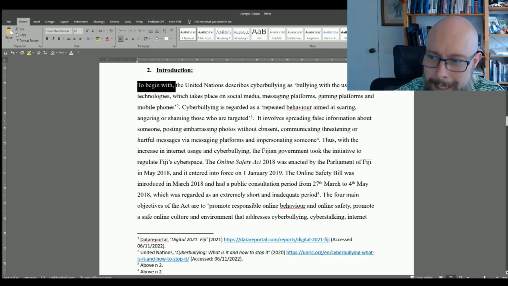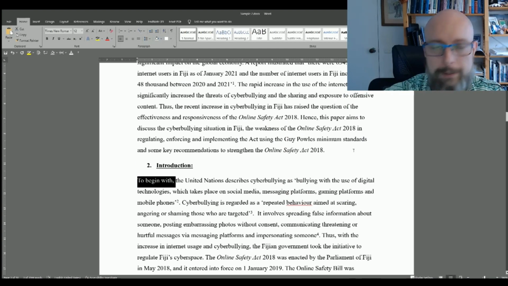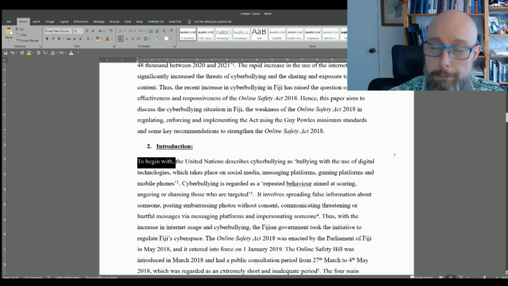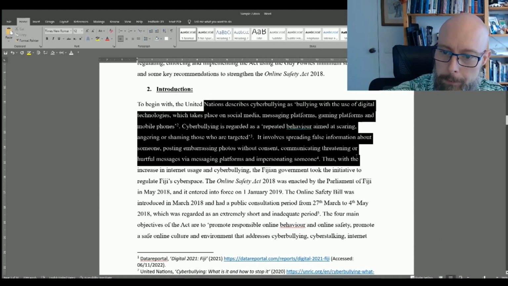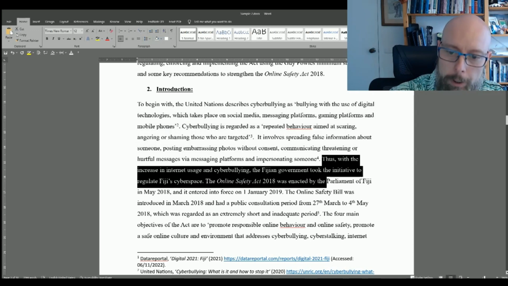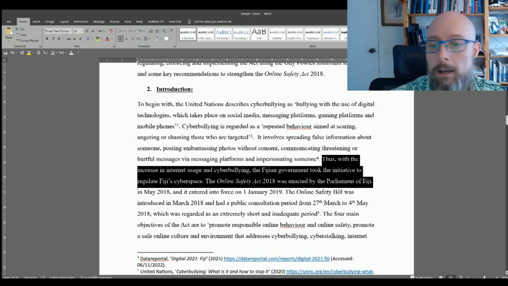This sort of stuff is unnecessary to begin with. It is literally the beginning. It's the introduction. You don't need to begin with just the United Nations. So this student again has tried to contextualize the topic before introducing the act. That's okay.